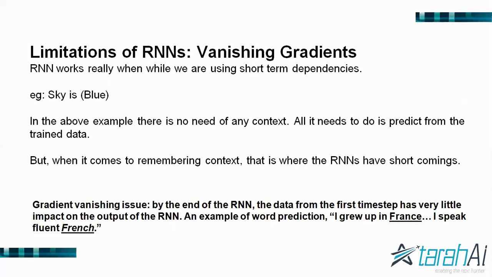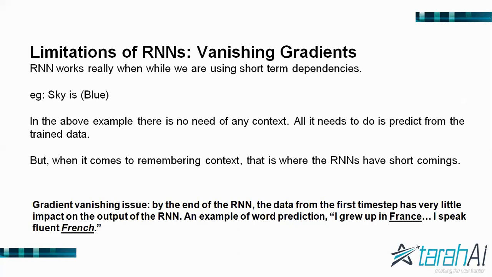Let's say, for example, I ask the RNN to complete the sentence: I grew up in France, I speak fluent dash. Here it is referring to a word which is several words before the current word. This is a long-term dependency. So remembering long-term context is not possible in RNNs because of the vanishing gradients problem.